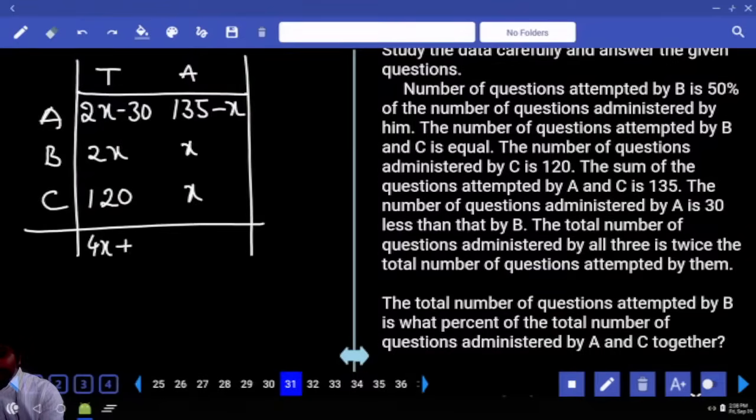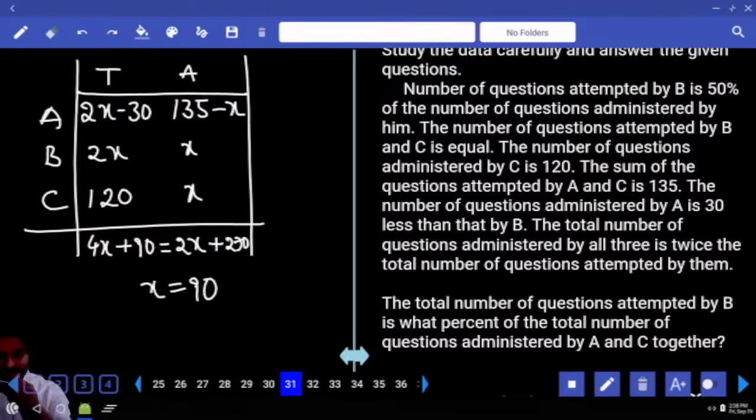4x plus 90 will be equal to 2 times of questions attempted by all three of them, plus x minus x cancel, x plus 135 expanded 2x plus 270. 2x is equal to 180, x is equal to 90.